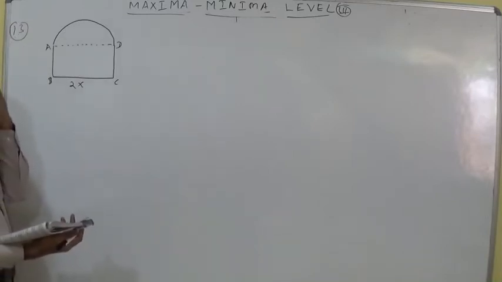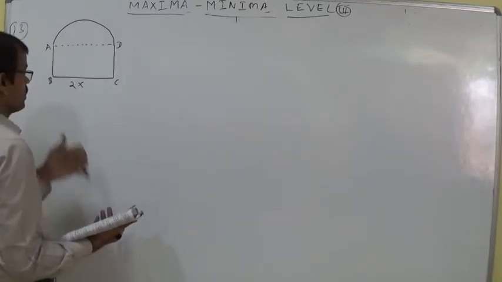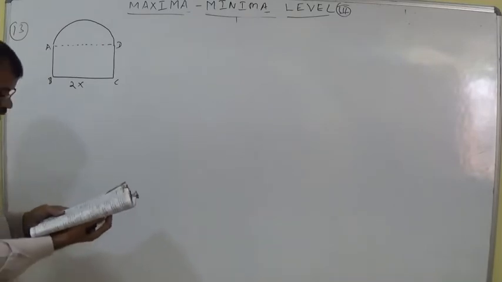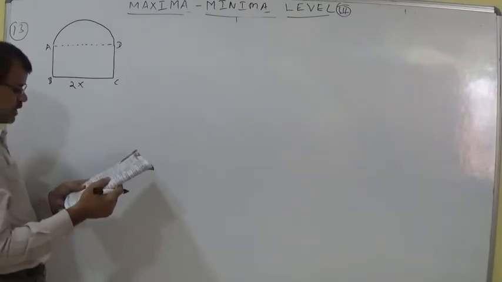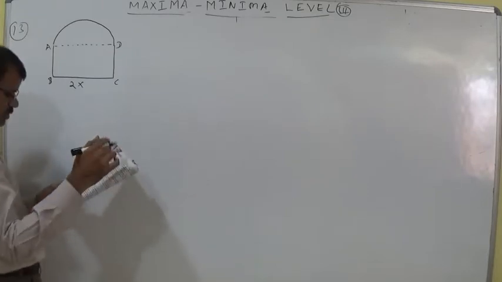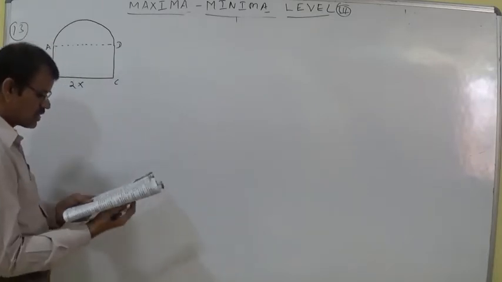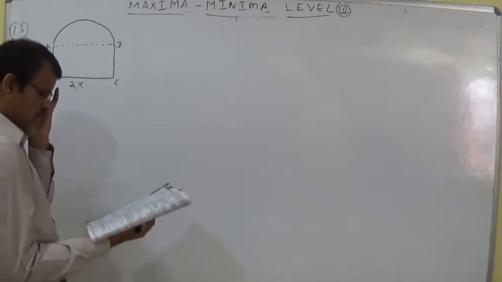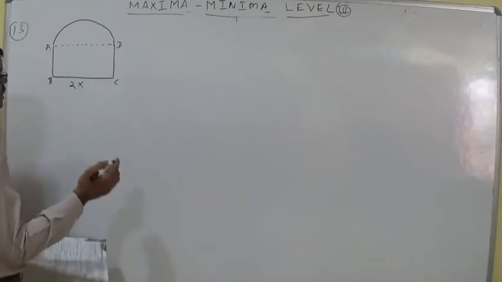This is a semicircle simply. If the perimeter of the window is of fixed length L, here he gave L, there he gave 20 feet. Then the maximum area of the window, area we should calculate.